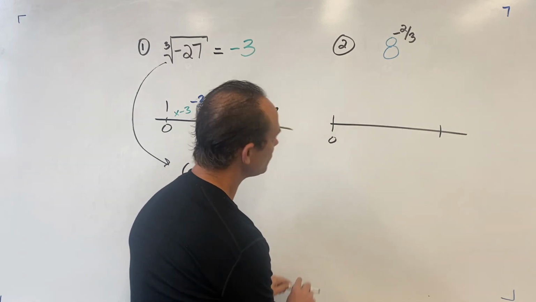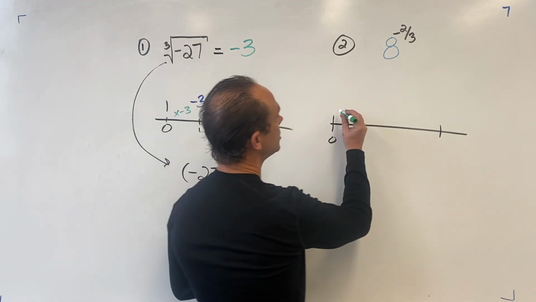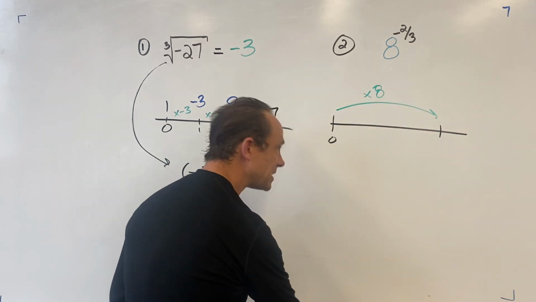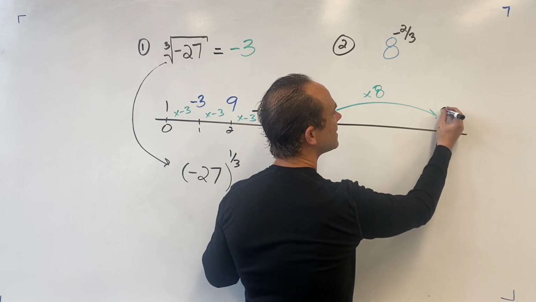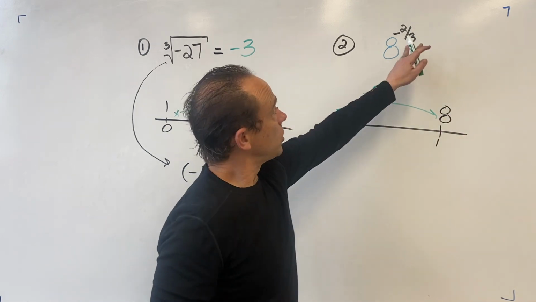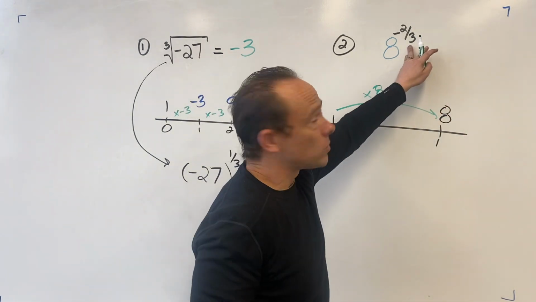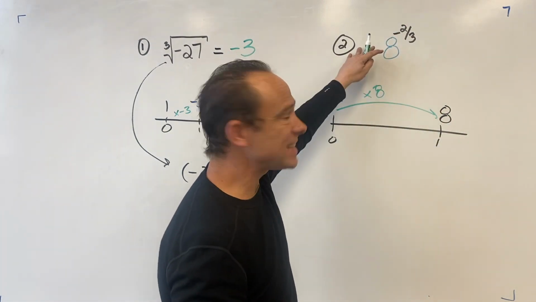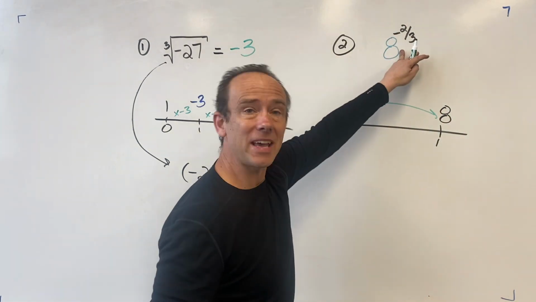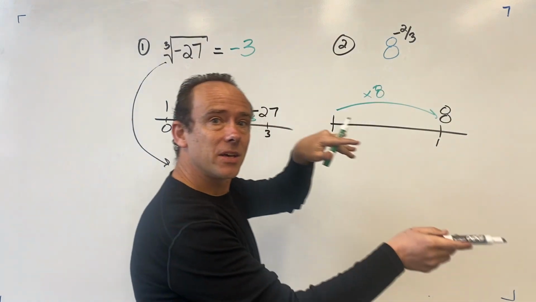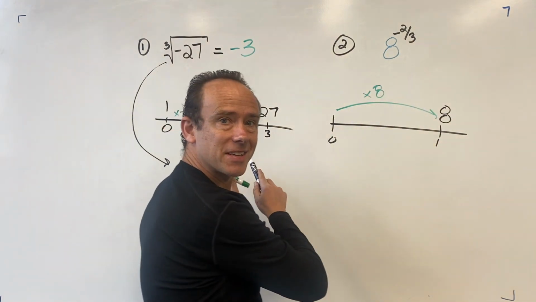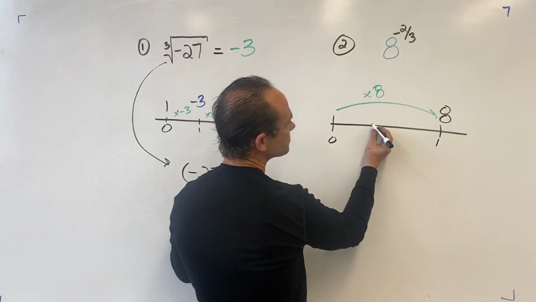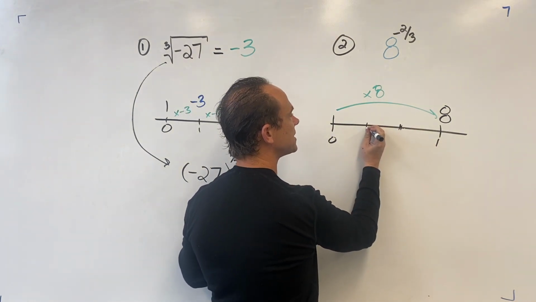So let me show you what that would be. We have that big times 8 right there. Now, we're not multiplying once. This is a fraction. It's actually less than 1 time, and it's negative. But all the negative means is that you're going to go the opposite direction. Let's break it into thirds.